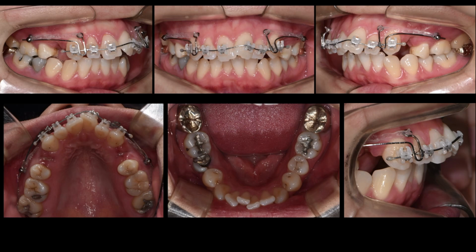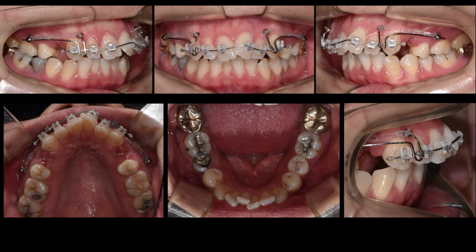The clamping area is just behind the lateral bracket. Okay, so when you engage the nitinol arch wire like this, it is movable. After that, mark here and clamp there. Okay.